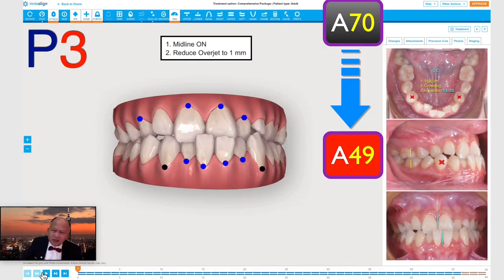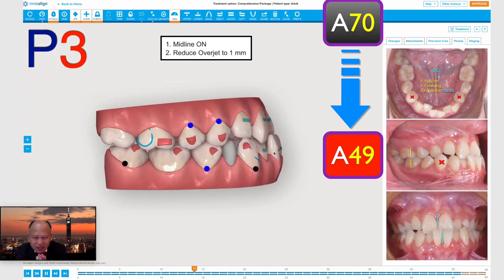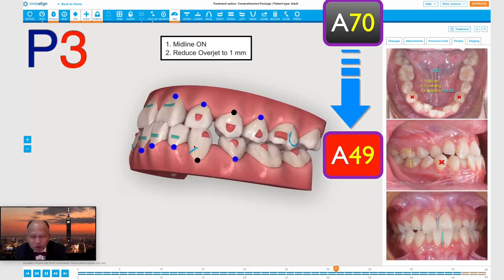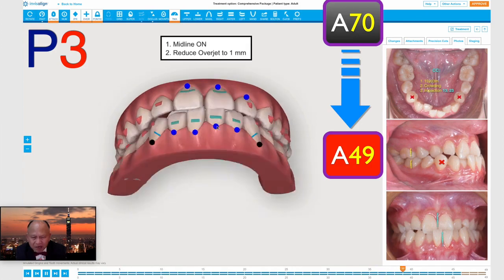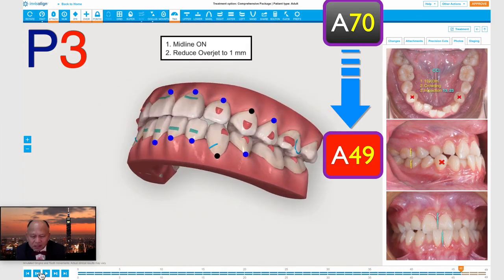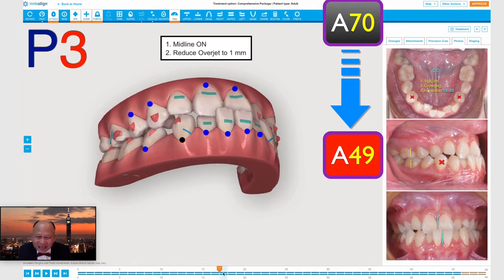And suddenly, from 70 aligners, we drop to 49. Look carefully: did they follow your instruction to align the midline and reduce the overjet to 1 millimeter? The answer is yes. They did exactly that.